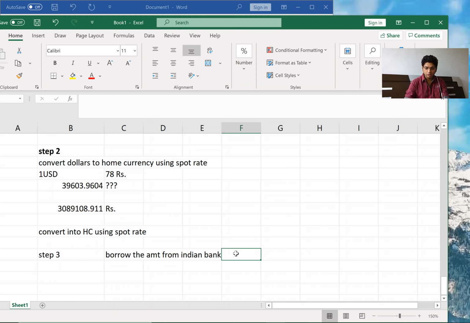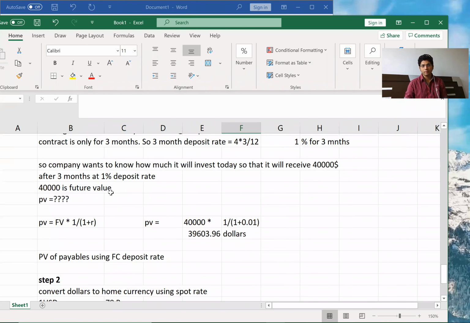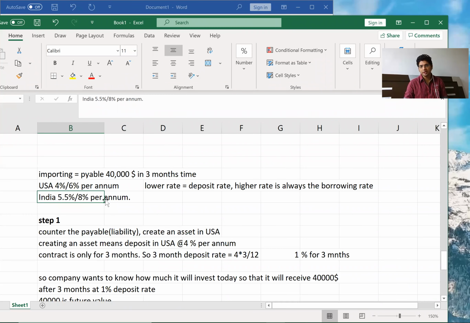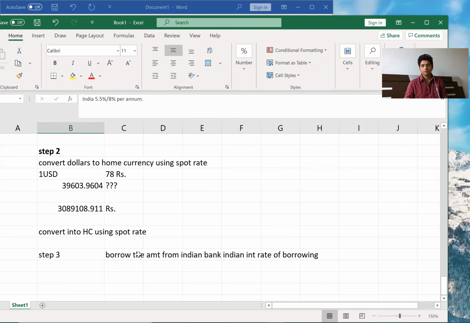If you are borrowing, you will take what? The Indian interest rate of borrowing. So what is the Indian interest rate of borrowing? Borrowing means the higher rate, 8%.